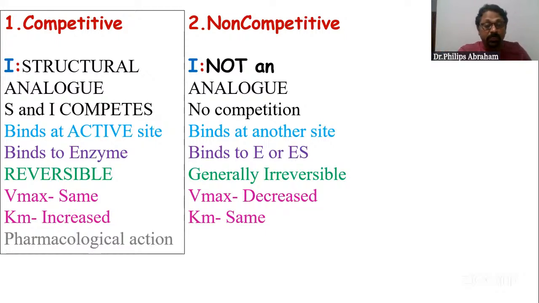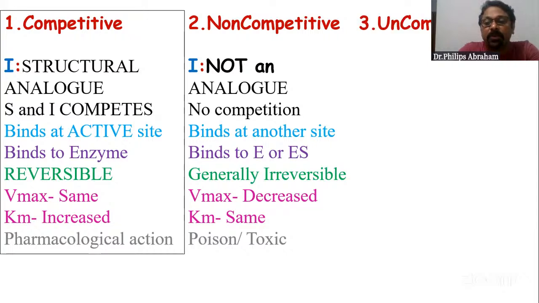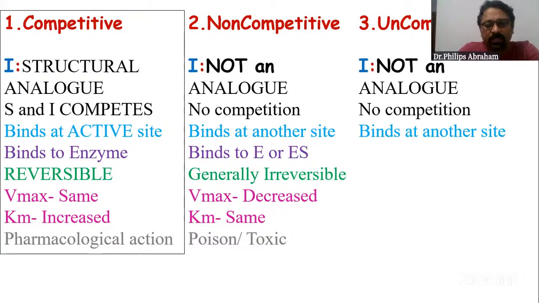In non-competitive inhibition, the most important thing is that most toxic compounds and poisons act by non-competitive inhibition. One example is cyanide, which inhibits cytochrome oxidase. The third one is uncompetitive inhibition. Here, as you know, it's not a structural analog, there's no competition, and it binds at another site.